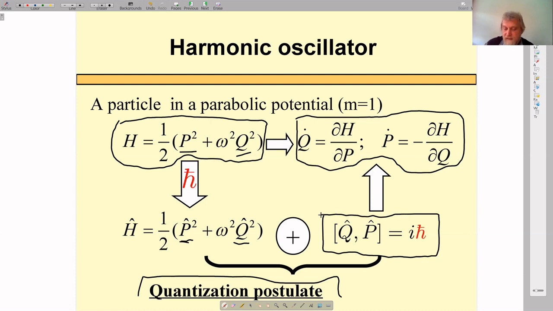We postulate that the commutator of coordinate and momentum is just proportional to a universal constant, the Planck constant. Right? Good. So now we know the commutation relations. Now we can go back and check the equations.